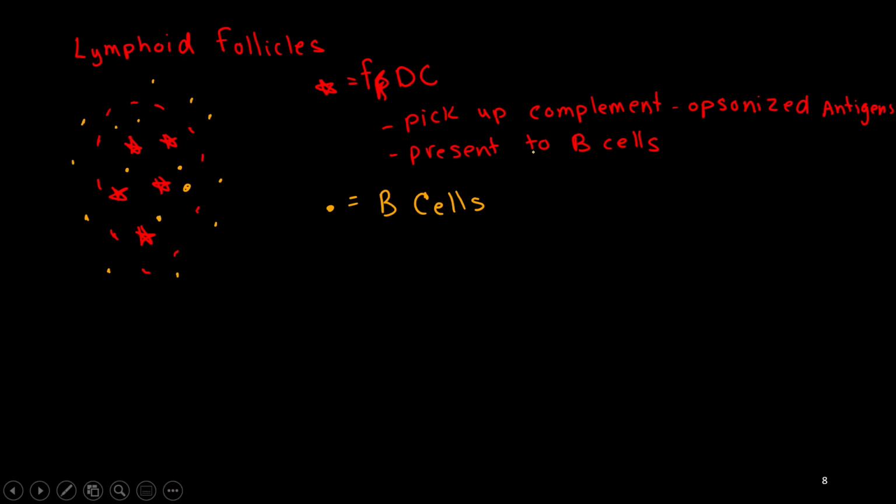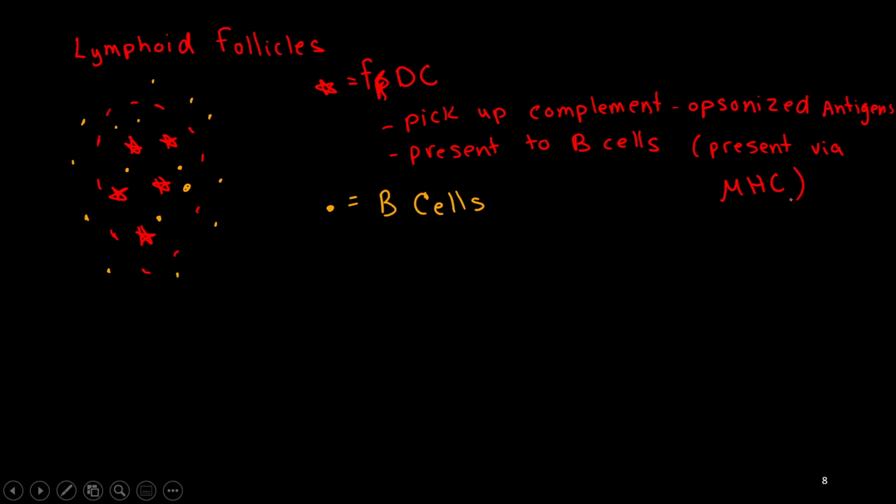So the presentation to the B cells is different from the other dendritic cells. The other dendritic cells are going to present via MHC molecules instead of just opsonized antigens.